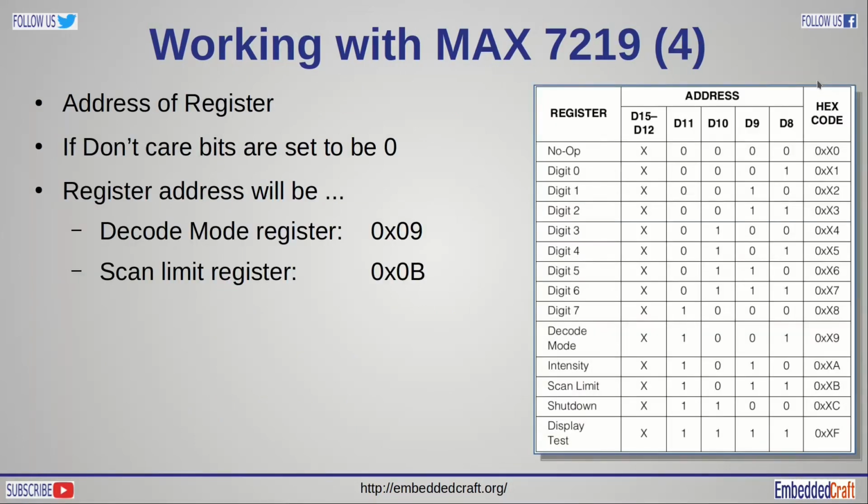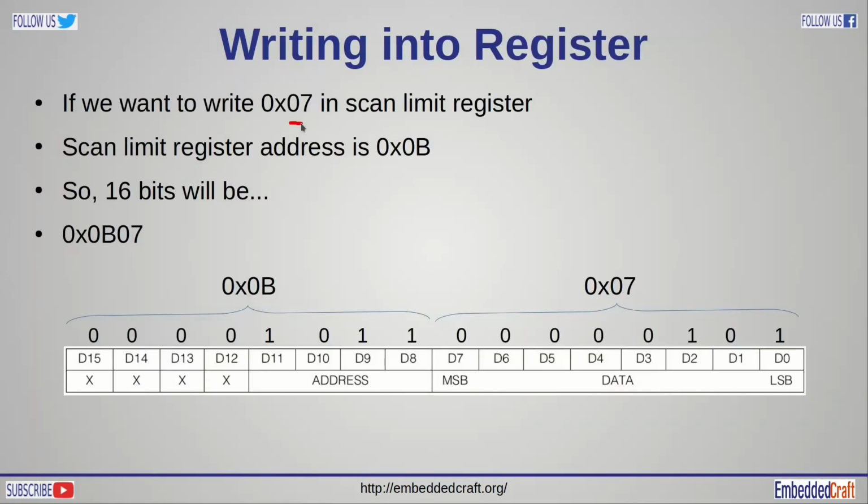Let us see how the address is created. Register address is of 4 bits. If we consider don't care bits to be 0, in this case, the decode mode register address will be 0x09. Scan limit register address will be 0x0B. Suppose we need to write 7 in the scan limit register.